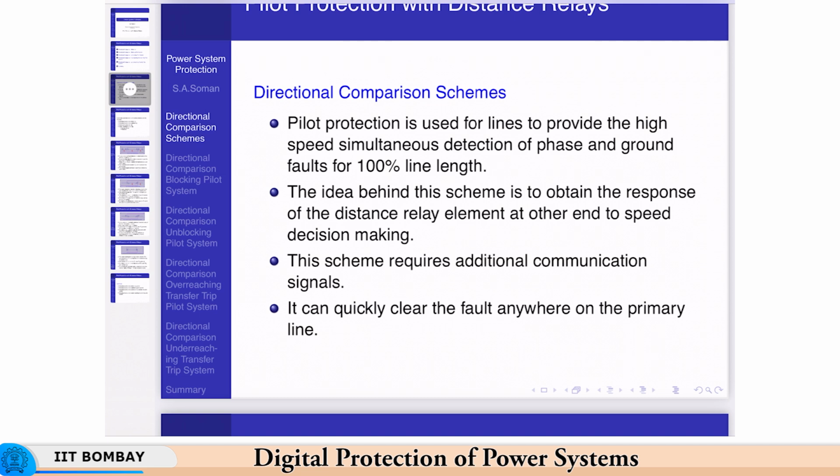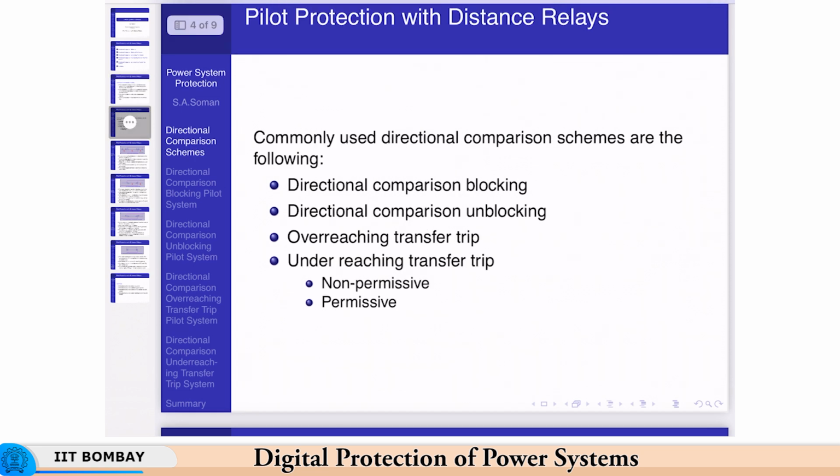So the remaining 15 to 20% of the line, which is otherwise slowed down, can be protected faster, and we can provide a fast response for 100% of the line. The effect is that it allows quick clearance of the fault even towards the remote end of the line.